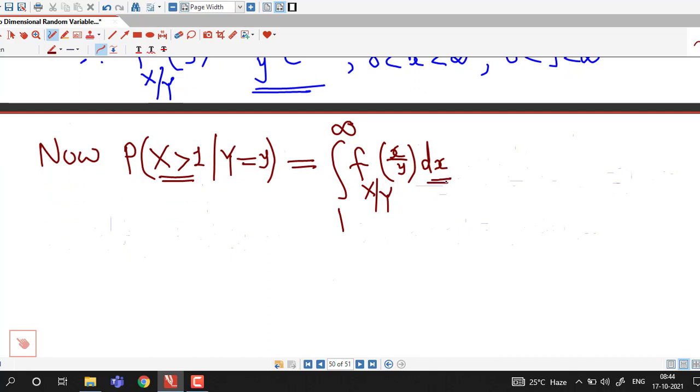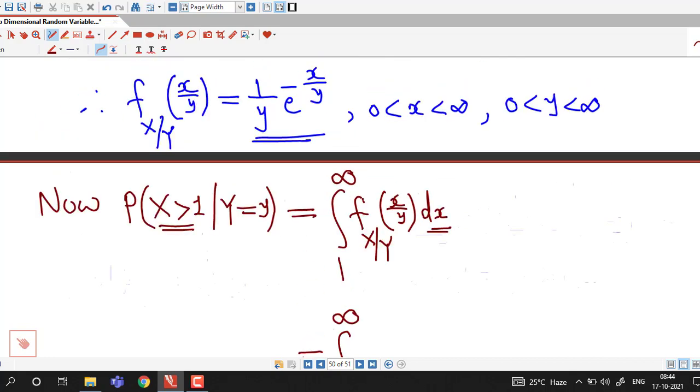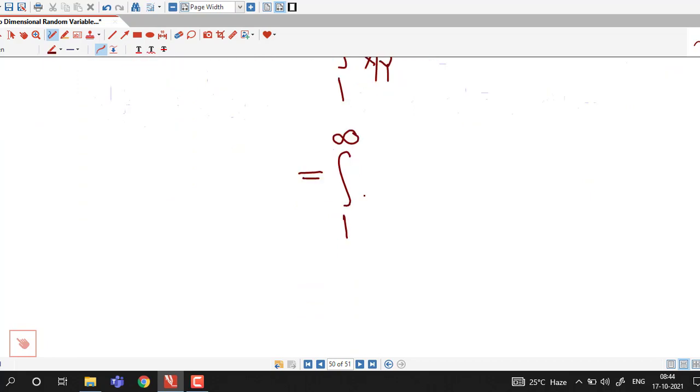Therefore we are integrating with respect to x. So now we put in the value of the conditional density, 1 by y e raised to minus x by y. We are integrating with respect to x, so we will consider y as constant.